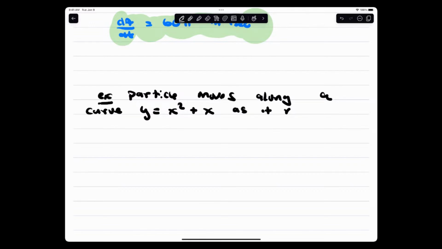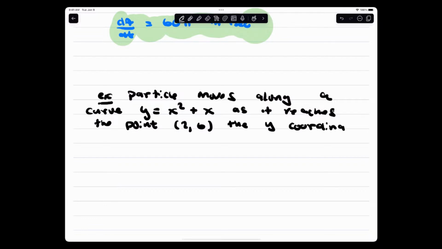And as it reaches the point (2, 6), the y coordinate is increasing at a rate of 3 centimeters per second.